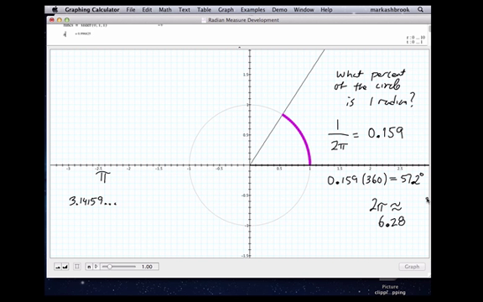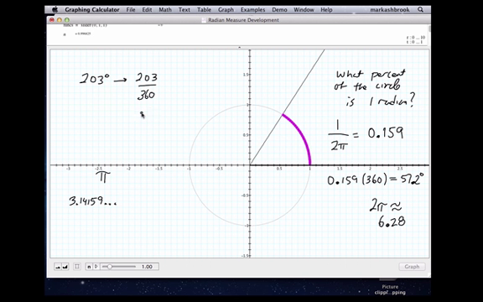All right, so let's do, how about 203 degrees. So we want to convert that to radians. What are we going to do first? Why would you divide by 360?